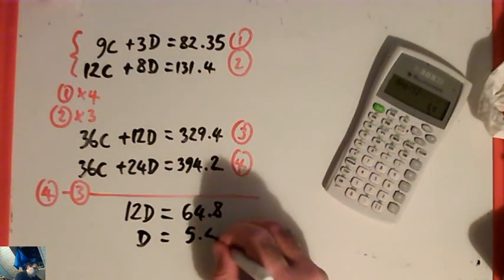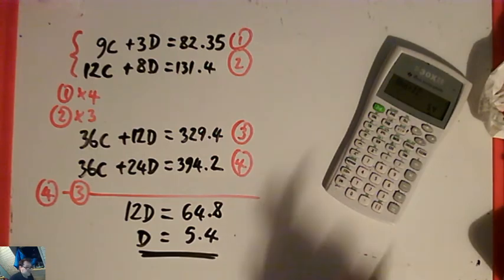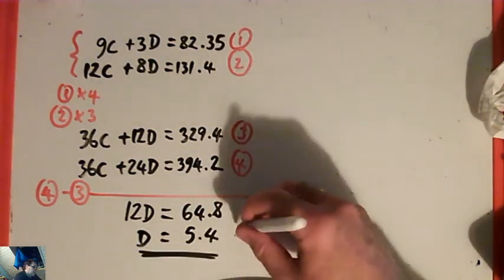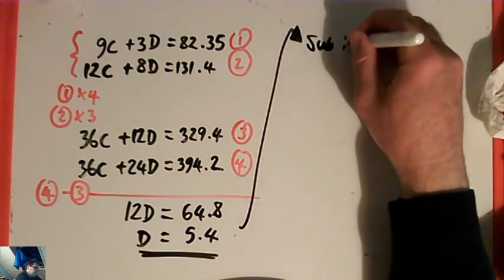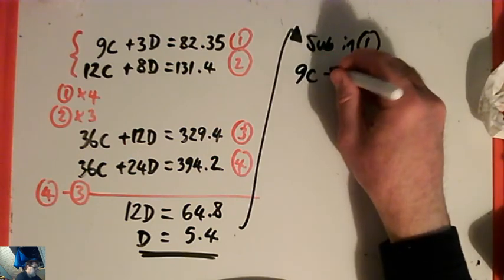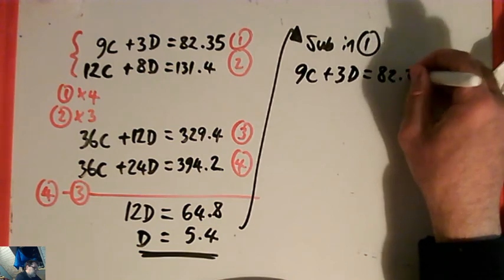5.4. So we think the DVDs are $5.40 each. Seems cheap. Okay, sub in 1, 9c plus 3d equals 82.35.